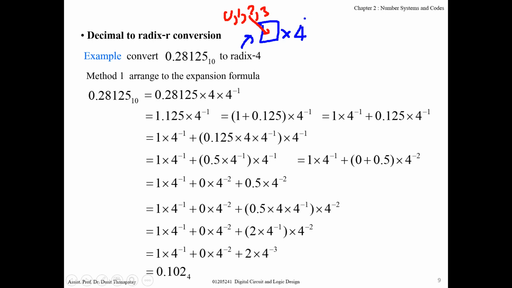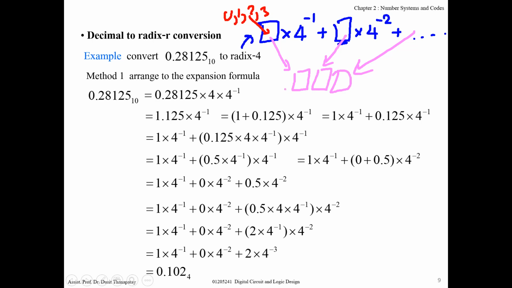Multiply 4 to the power of minus 1 plus some coefficient that can be 0, 1, 2, 3, multiply 4 to the power of minus 2, and so on. Okay, if you can write in this form, that means your answer is just to bring these coefficients, right, write them down together, and don't forget to write the radix point.